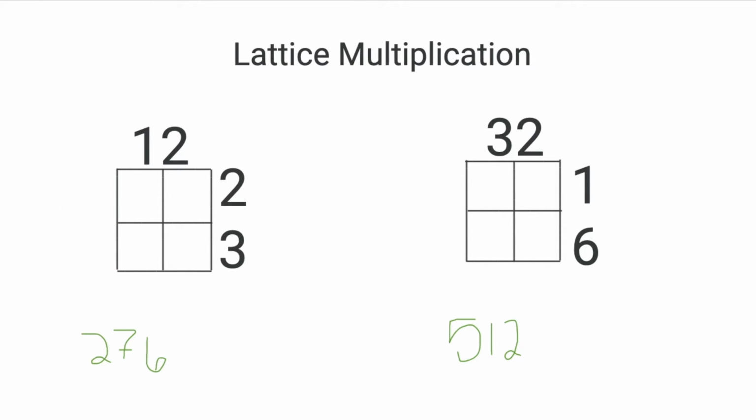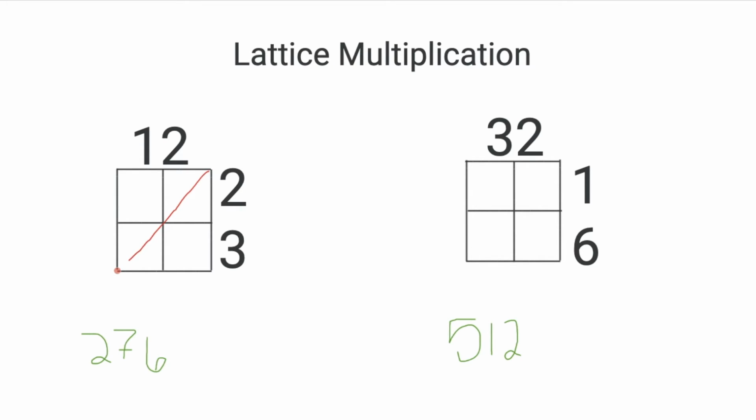So once you've set up your grid, you're going to find the furthest corner on the right-hand side, and you're going to draw a line diagonally out of your grid. And you're going to repeat this for all other corners.